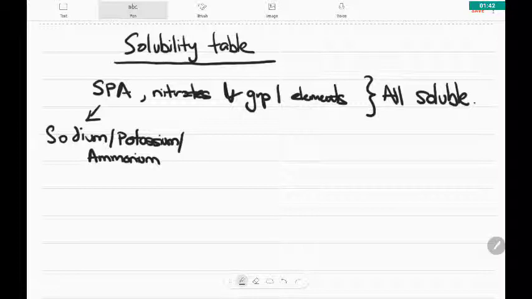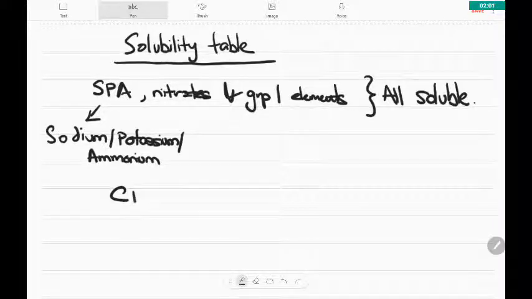So for example, sodium chloride, potassium chloride, ammonium chloride, they are all SPA salts, or sodium hydroxides, potassium hydroxides, ammonium hydroxides. Yeah, so these are all SPA salts.